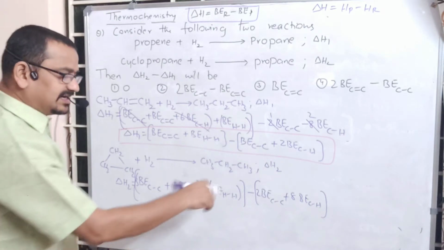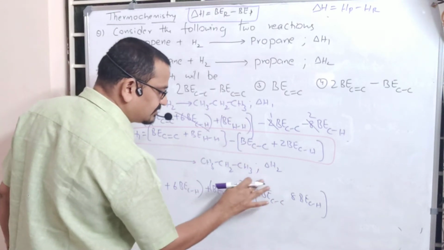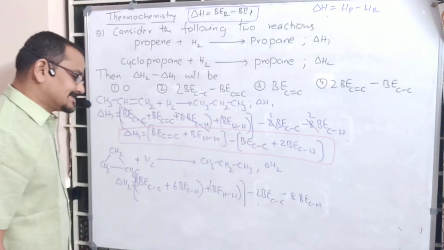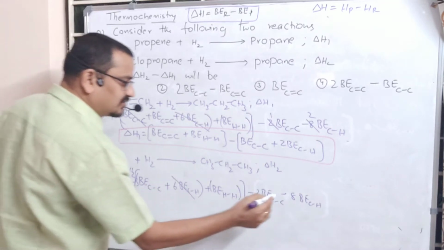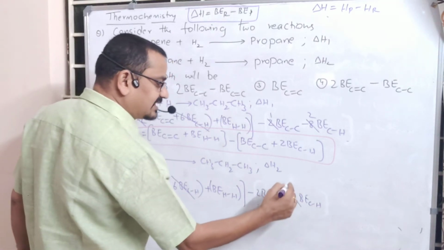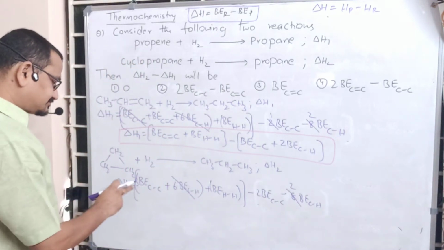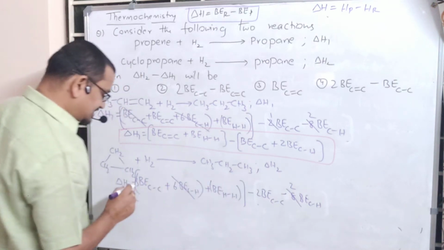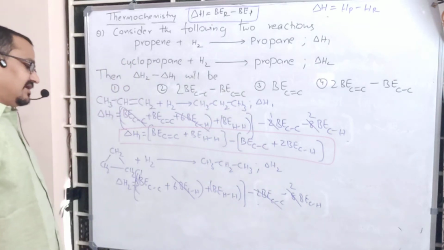Okay. Now let us multiply for cancellation. If you multiply this with minus, this also becomes minus. Now what are the things that can be cancelled here? 6 C-H bonds and 6 will be cancelled, minus 2 C-H bonds is left. And then this is 3 C-C bonds, 2 C-C bonds. This is plus and this is minus, 1 will be left. Anything else?